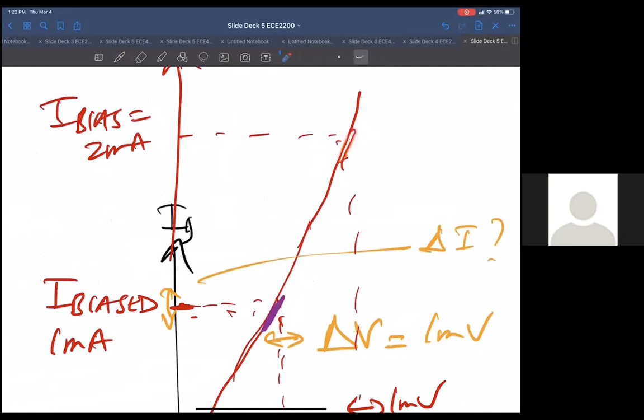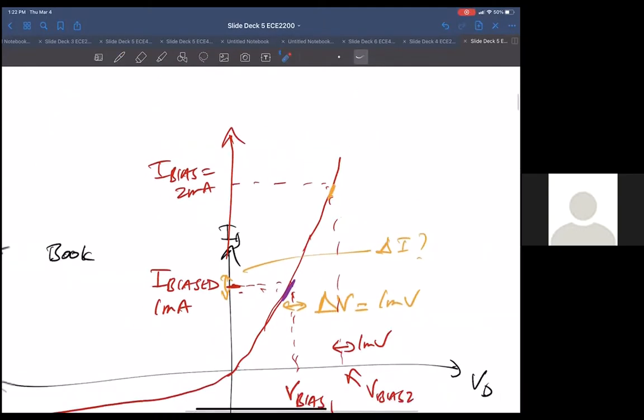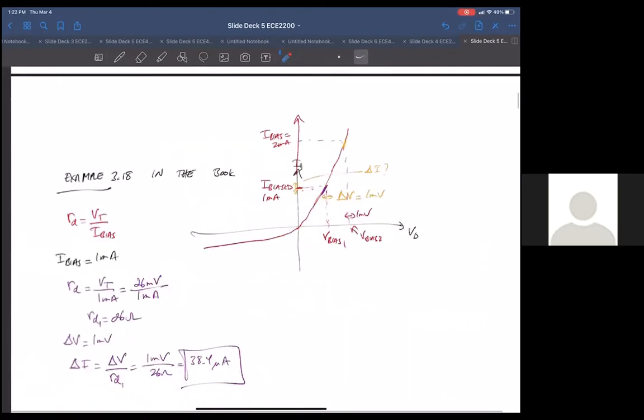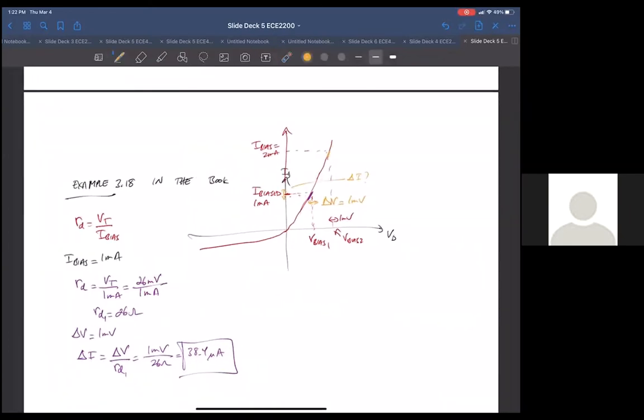This new resistance that we're calculating is only going to be good for this region here. The reason is this is an exponential curve and the slope is changing depending on where you're centered. So what would happen for an I bias of 2 milliamps?